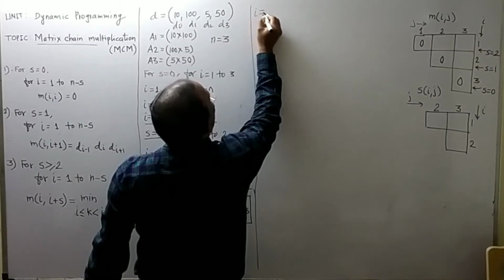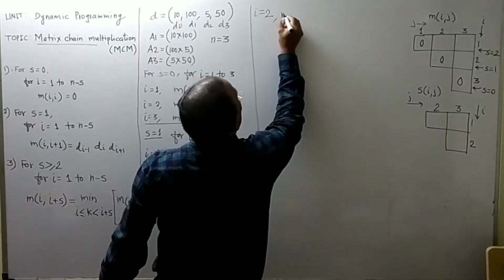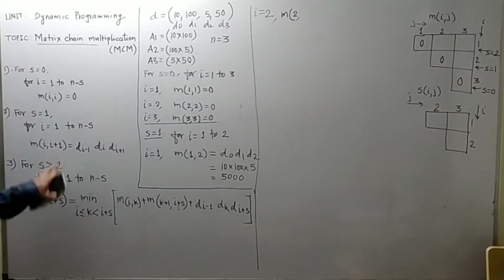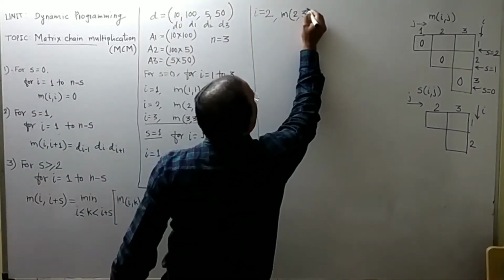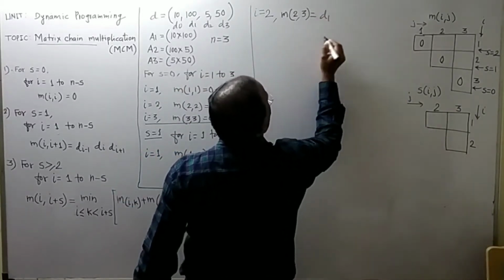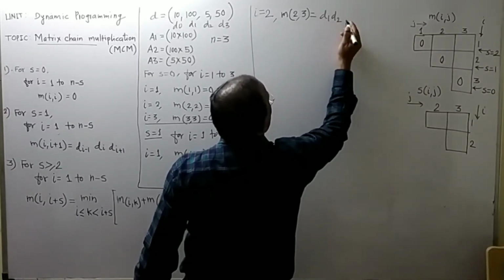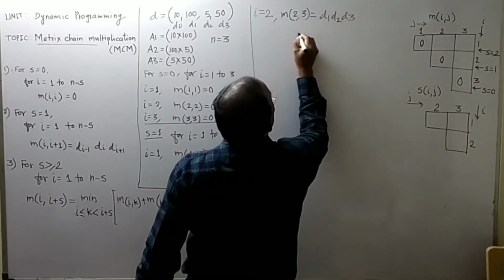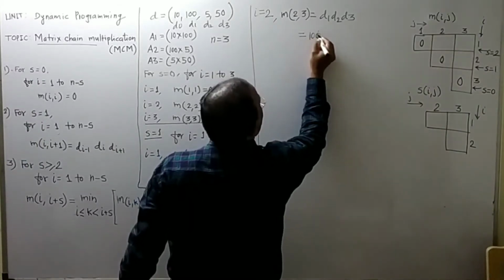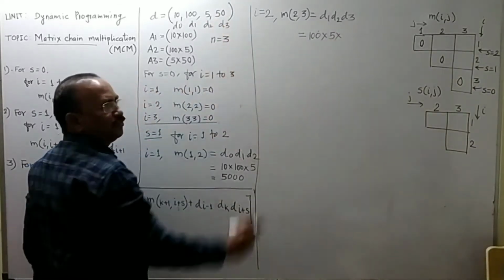For I is equal to 2, m of I is 2, then I plus 1, 2 plus 1 is 3, is equal to d of i minus 1, means d1, d of i is d2, then d of i plus 1 means d3. Put the values: d1 is 100, d2 is 5 and d3 is 50.